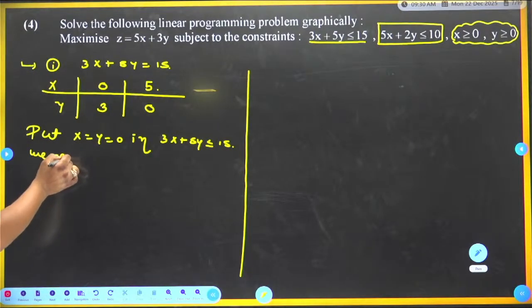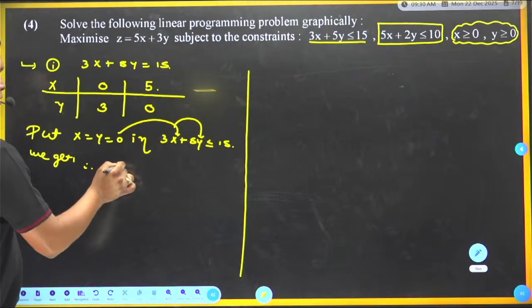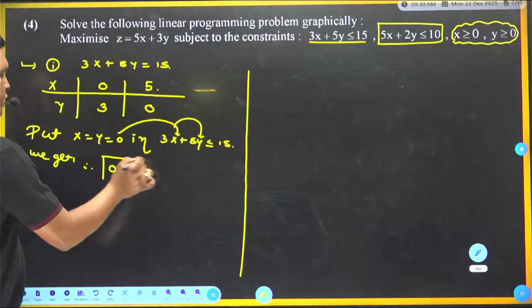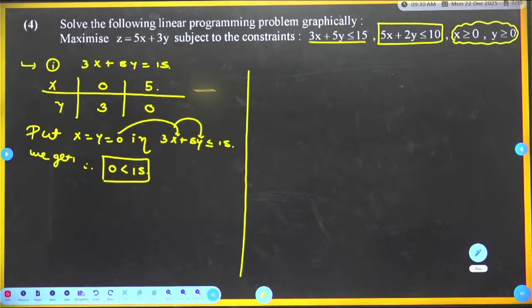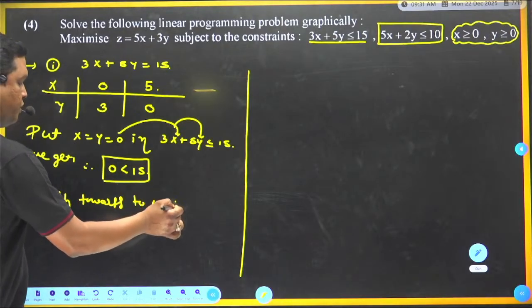We get, put 0 on both places, 0 less than 15. It is true. Graph towards the origin.